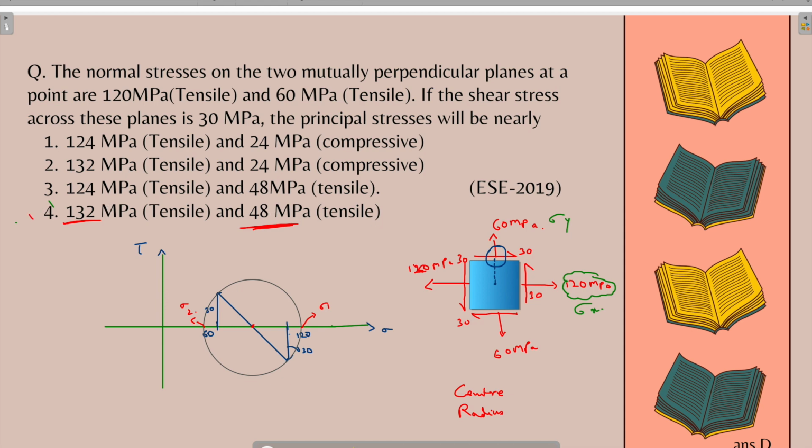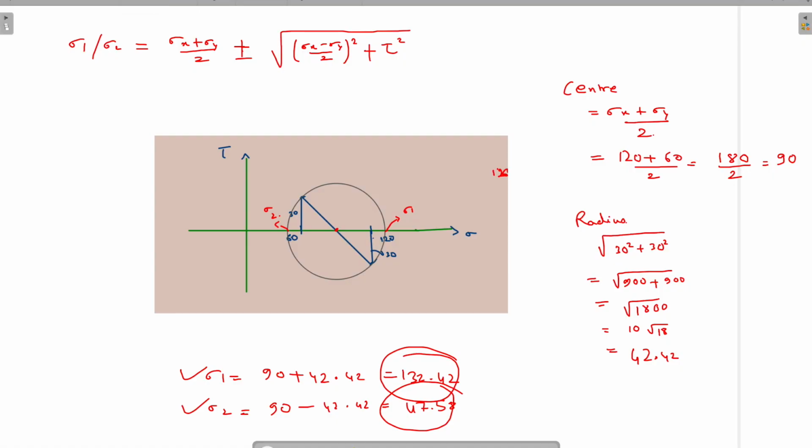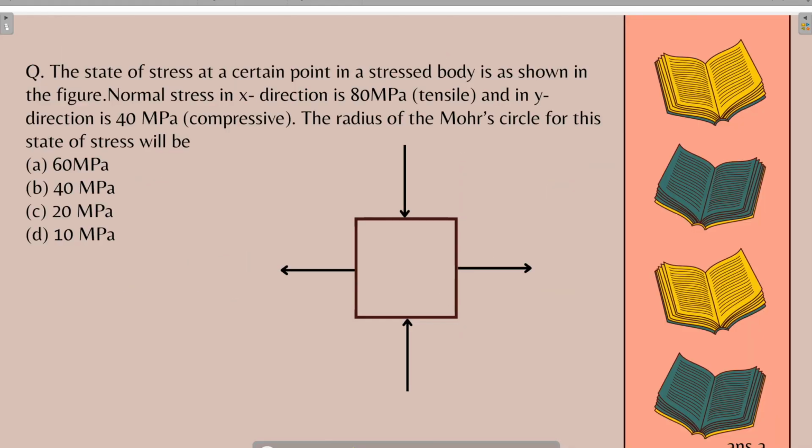So answer is D. This was asked in the Engineering Services 2019 examination. I hope this is clear to you, students. It might look very lengthy, but once you master this, it is a matter of just 1 or 2 minutes, you can solve this question very easily.